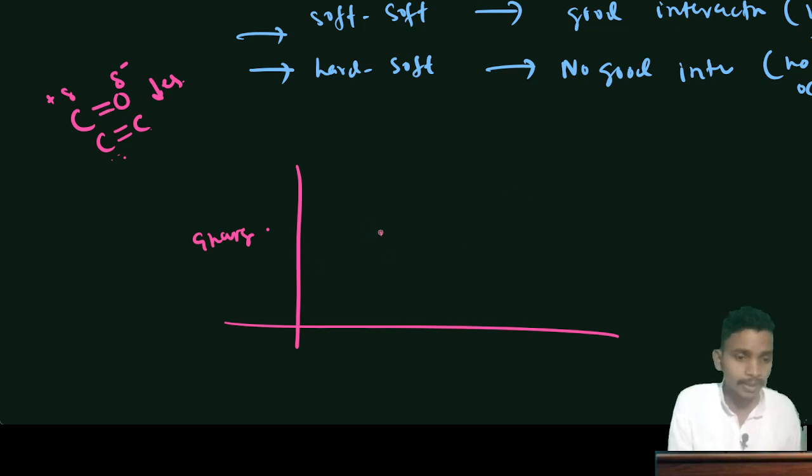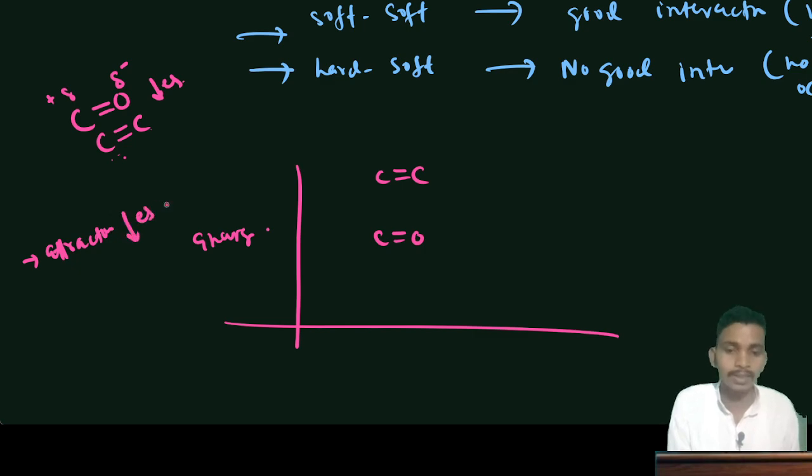So if energy decreases, this has low energy. So here a CO bond is there, then a CC bond is there somehow here. Okay, because they have attractions. So whenever attractions are there, energy will decrease. Always remember that attractions decrease energy, and repulsions increase energy.